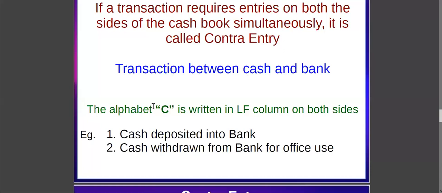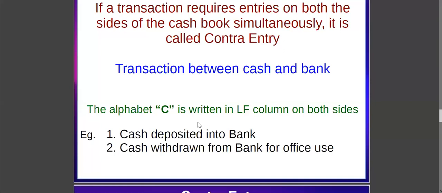With the help of this C, we can identify it, because without this identification we cannot tell which is the bank transaction and which is the cash transaction. So we have to use this C, which means contra entry.